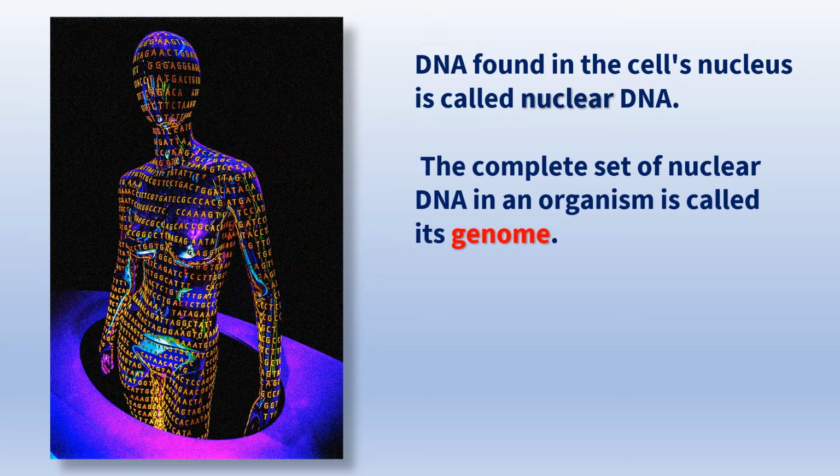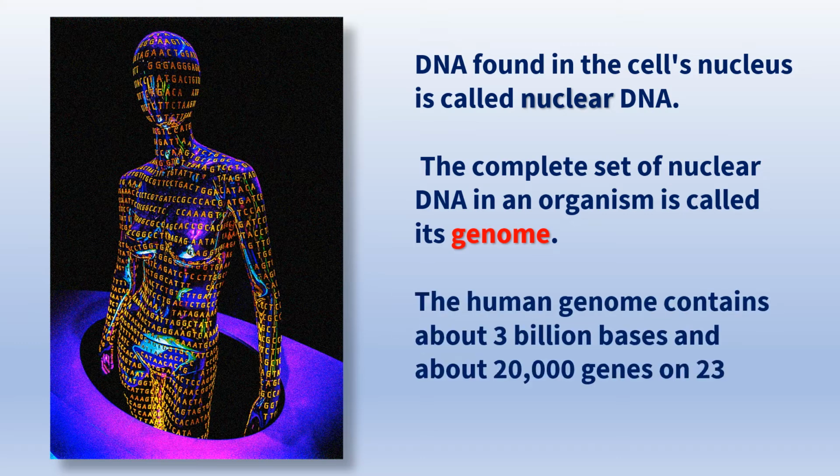If you can see right from the top of your head to the bottom of your body structure, there is DNA, and that entire complete set of DNA within the nucleus of any cell is called the genome of a person. The human genome contains about 3 billion bases, about 20,000 genes on 23 pairs of chromosomes.